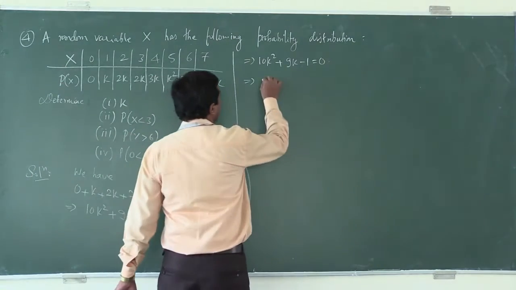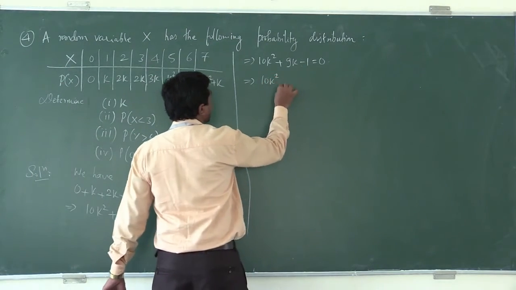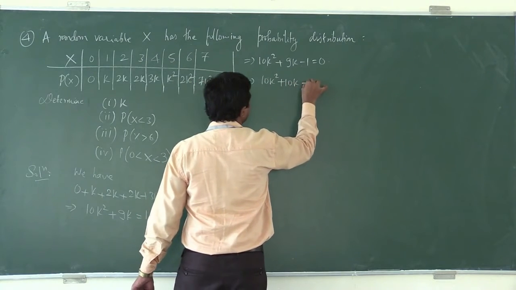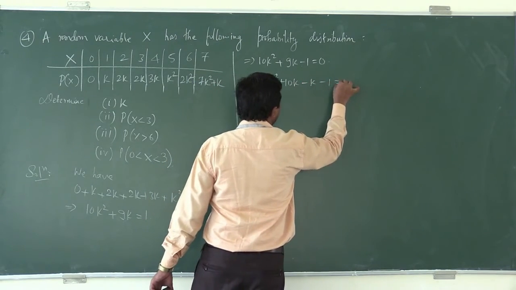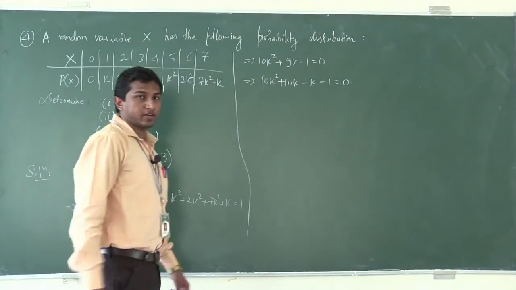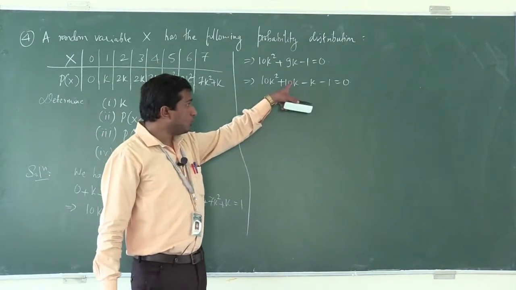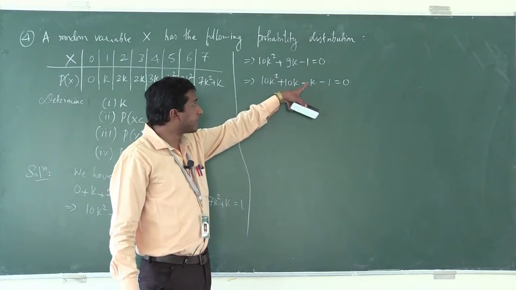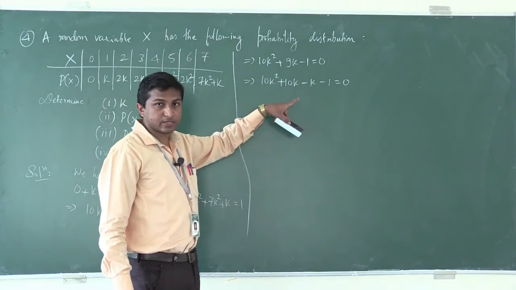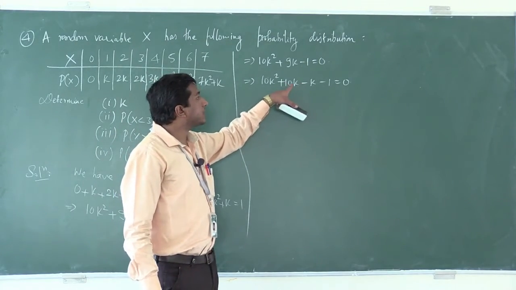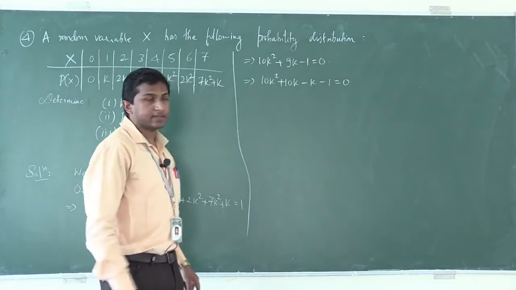So 10k square plus 10k minus k minus 1 equals 0. When we multiply 10k and minus k, we get minus 10k square. When we add 10k and minus k, we get plus 9k.